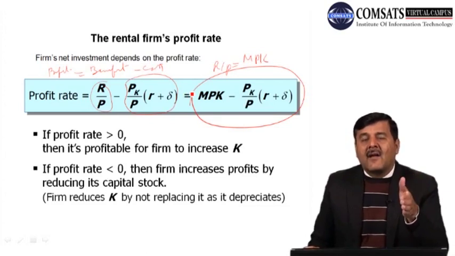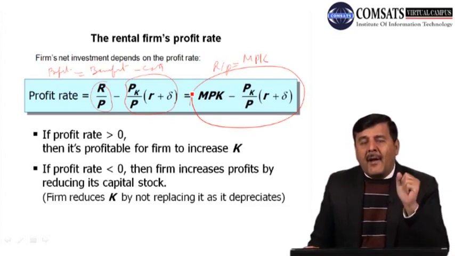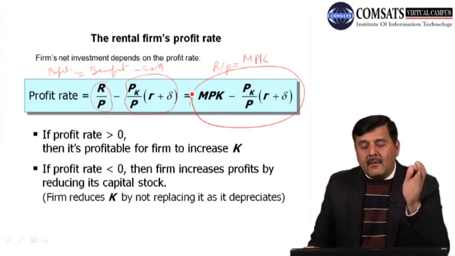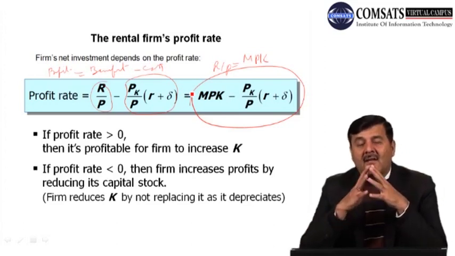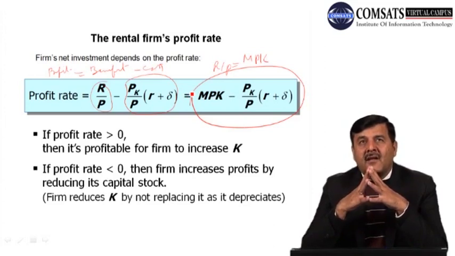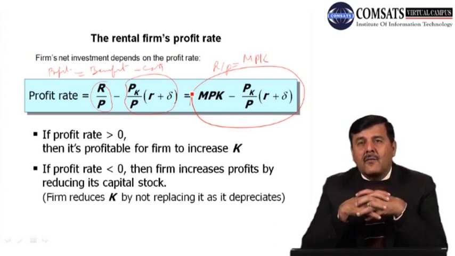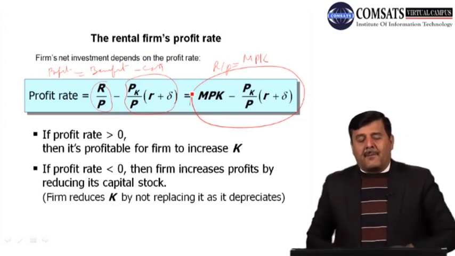If the profit rate is negative, what does it mean? In other words, if marginal productivity is less than the real cost of capital, then the firms increase profits by reducing their capital stock. If the profit rate is negative, there is no incentive for the firm to invest in new capital, right?